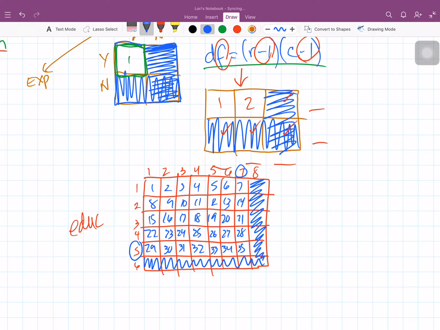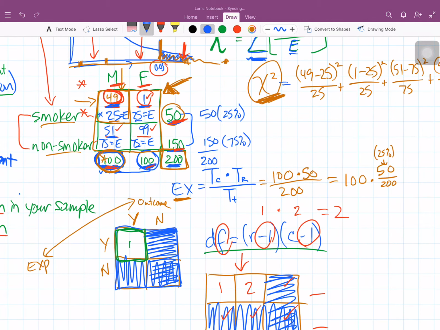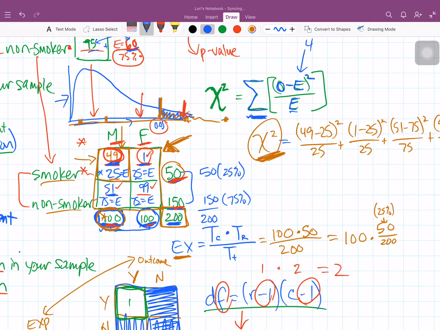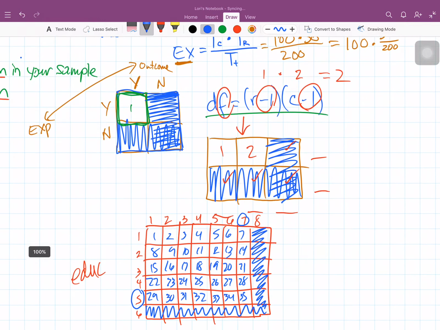Or 7 times 5 is 35, and so I have 35 degrees of freedom. My chi-square distribution, remember this thing right here, looks different when you have 35 degrees of freedom. It's slightly a different shape.